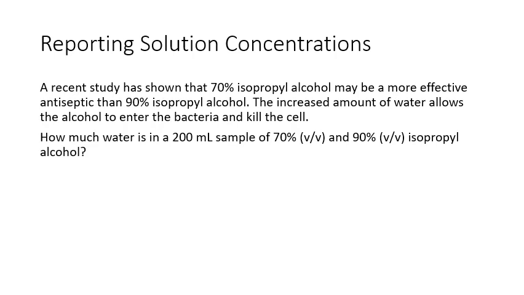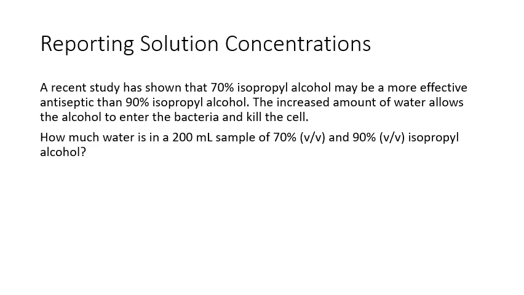And actually, a recent study was showing that the 70% may be slightly more effective at killing bacteria as an antiseptic than the 90%, because that extra little bit of water allows the bacteria to get into the cell and kill it. But it doesn't hurt, because if you have 90% at home, you can always add some water and water it down to 70% if you wanted to.